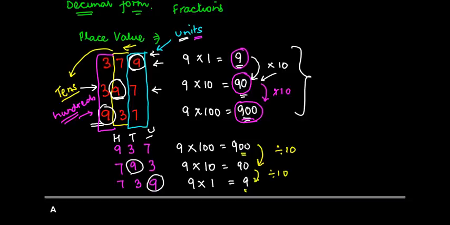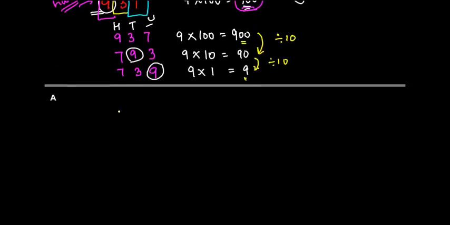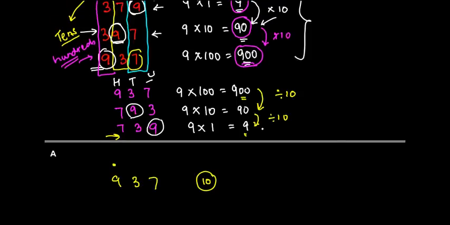So the general rule is that as a particular digit, let's say in 937, moves from left to right, its place value keeps on decreasing by 10 times. It is as if you are dividing it by 10. While from the units place, if it moves towards the left, then it keeps on increasing by 10 times.